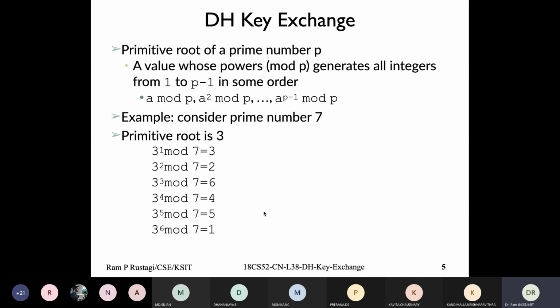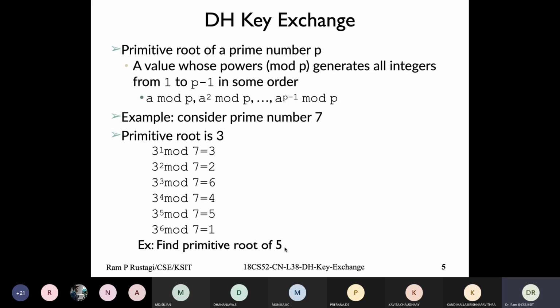Any questions about understanding what a primitive root of a prime number is? Can you find a primitive root of 5 or another primitive root of 7? Spend 2 minutes and see, can you find a primitive root of 5?